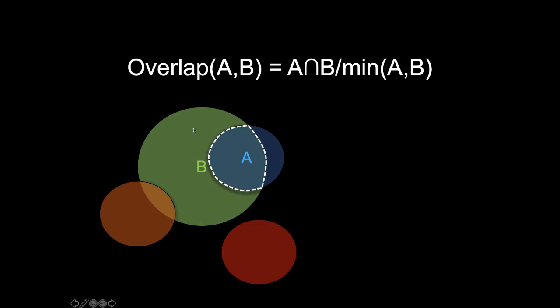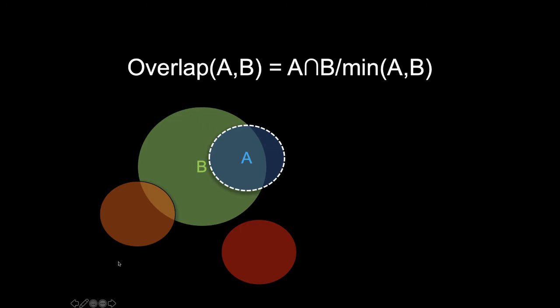And the smaller area of A's and B's ranges would be A's range, right? So you divide the area of this region of overlap, however many square kilometers or whatever, by the area of this species range. What that gives you is the percentage of the smaller species range that is overlapped by the larger, which in this case would be about 80%.